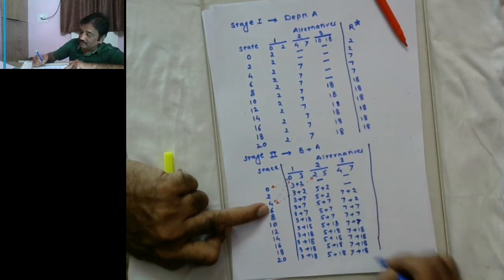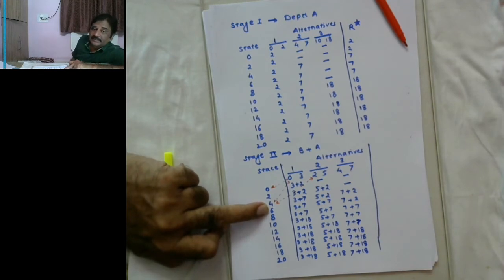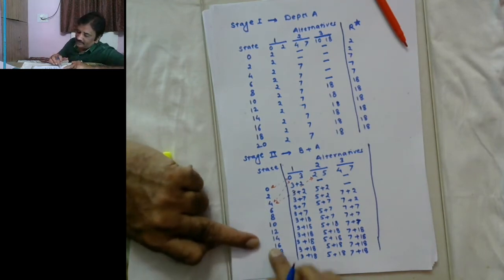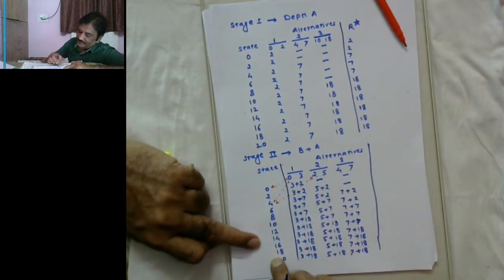This second component comes as a return from the previous stage for the remaining value of state, and that remaining value comes as the difference between the state and the alternative investments.